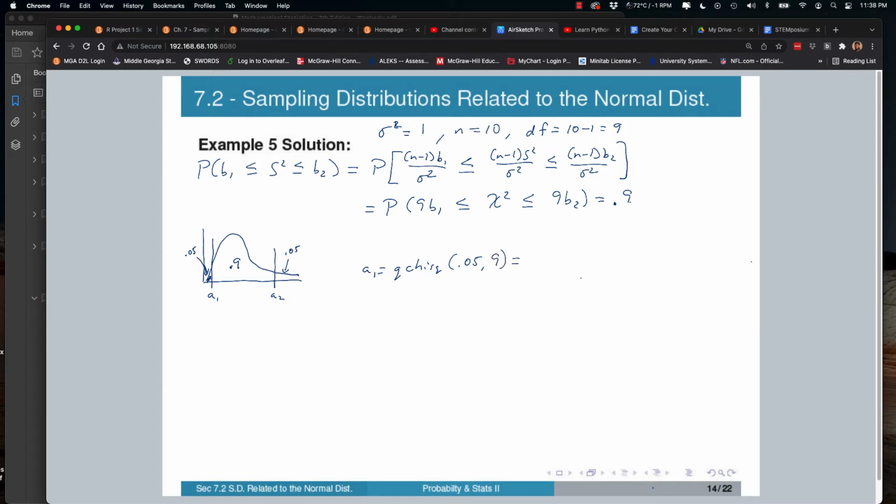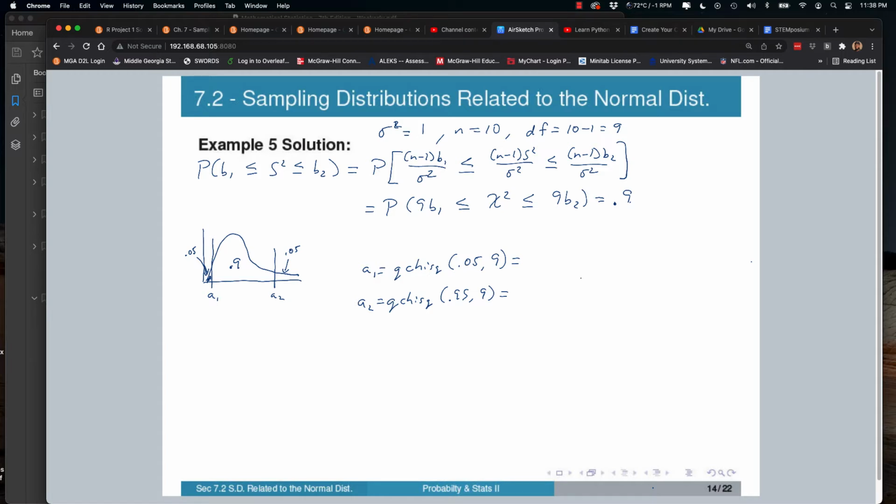We'll get that answer here in just a minute. Then a sub 2 is equal to q chi-square of 0.95, the area below a sub 2, 0.9 plus 0.05, 0.95, and 9, and that'll give us the upper bound of this particular function.